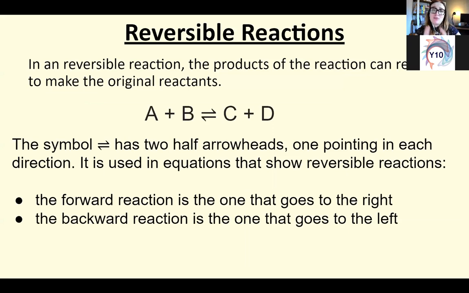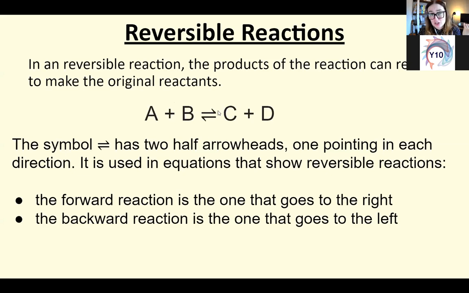Now, a reversible reaction is one where you can make the products, but you can also go back the other way and make the reactants again from your products. The way that we show this is with this setup here. So we have A plus B, we have a reversible sign.